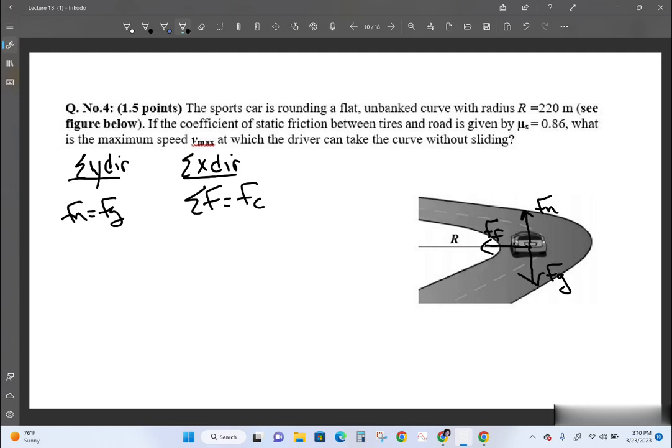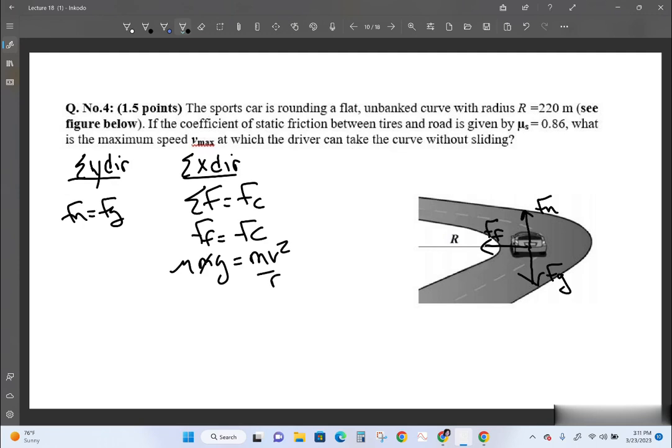All of the forces make it have centripetal force. So the biggest mistake people make is they call FF FC, which is true, but really the net force is the centripetal force. So of all the forces acting in the x direction, they add up to provide the centripetal force. And the only force acting in the x direction is FF, which is mu mg equals mv squared all over r.